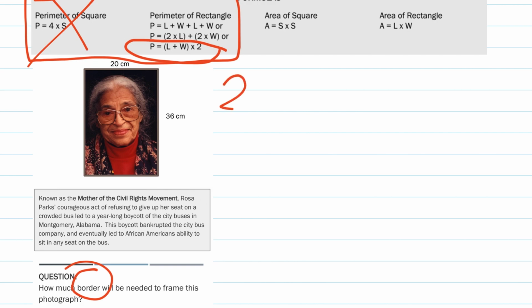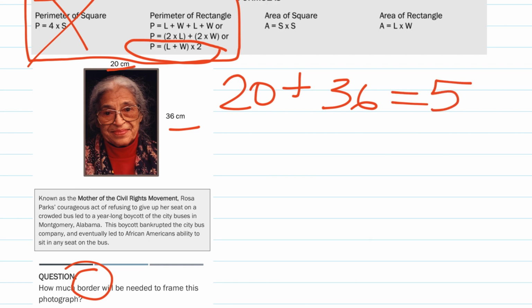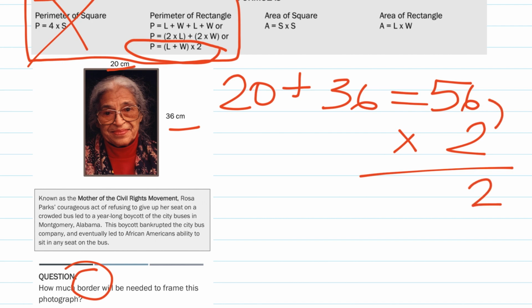I am going to add 20 plus 36 because those are the dimensions of my rectangle. 20 plus 36 equals 56. And now I'm going to multiply that quantity times 2. So 56 times 2, I look at 6 times 2, which equals 12.